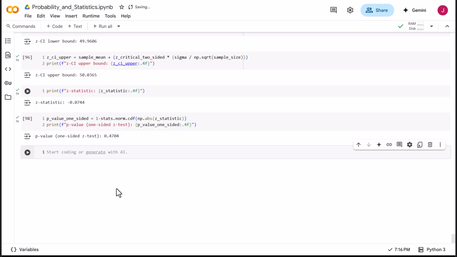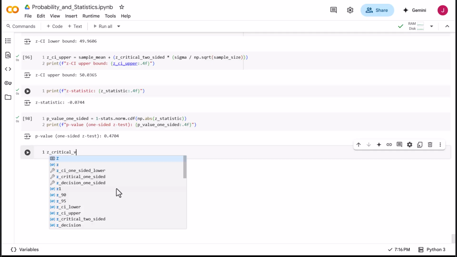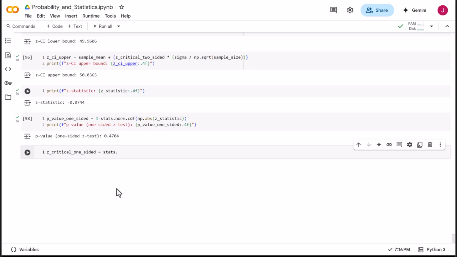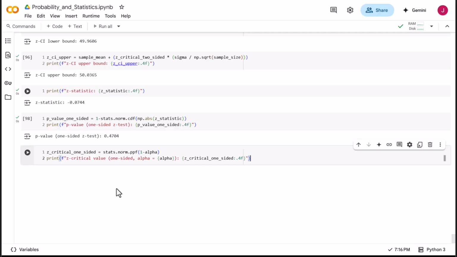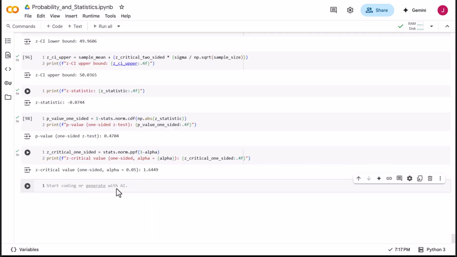Then we can go for critical z value for one-sided. So z_critical_one-sided is equal to stats.norm.ppf, and this time 1 minus alpha, which is equal to 1.6449.